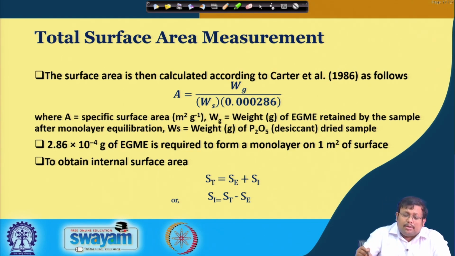So once we get the total surface area, from that we can also calculate the internal surface area by subtracting the external surface area. This is how we can calculate internal surface area, external surface area and the total surface area.